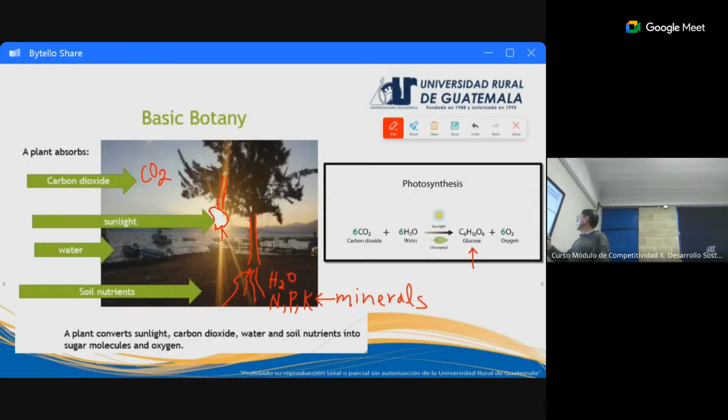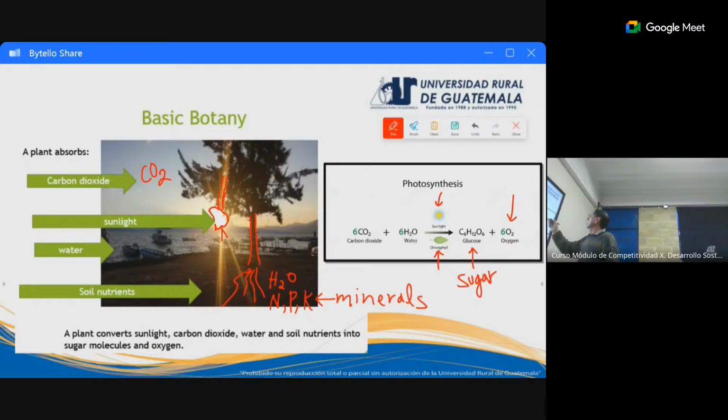Glucose, that is a basic sugar here. And also plants produce oxygen. Okay? Remember that plants need the sunlight and chlorophyll contained in the leaves in order to produce glucose and oxygen.